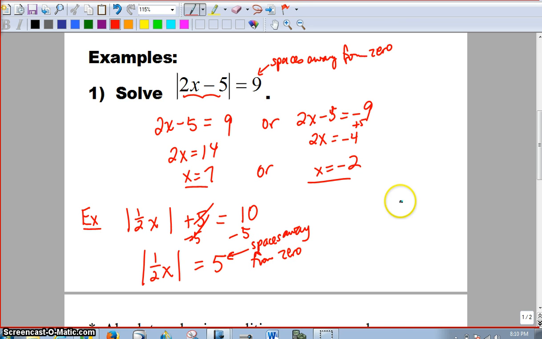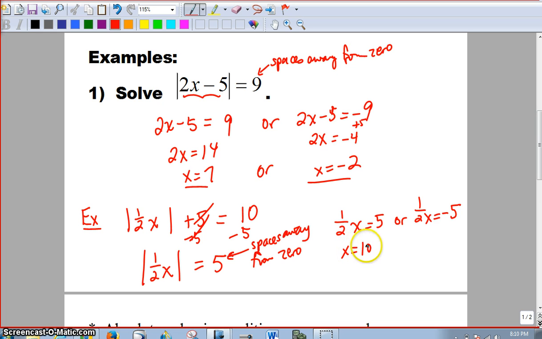So now we're going to write two equations. We're going to say that 1/2 x has to be equal to 5, or 1/2 x has to be equal to negative 5. Because what two numbers are 5 spaces away from 0? Well, 5 or negative 5. So whatever is inside the absolute value sign has to be 5, or it has to be negative 5.